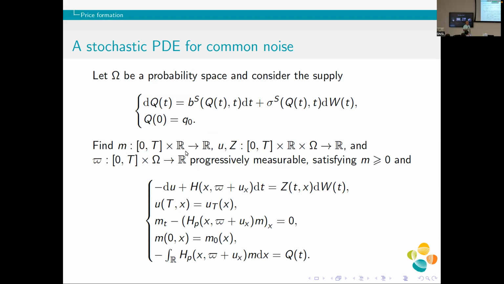The situation is very similar to the deterministic setting. The difference is that because the price is now a stochastic process, progressively measurable, and you are taking this Hamilton-Jacobi equation with terminal conditions, you need a compensator to keep the progressive measurability of the value function. Very well.